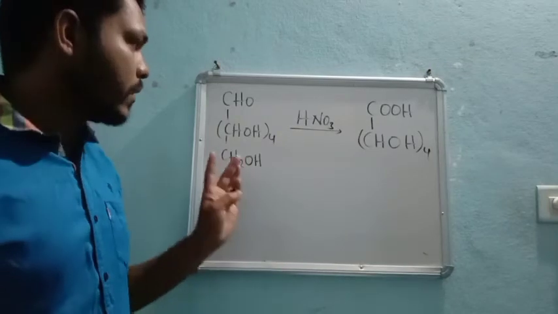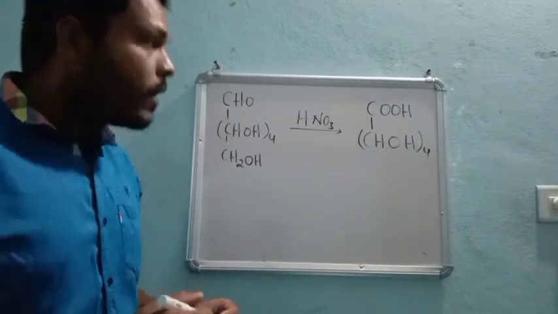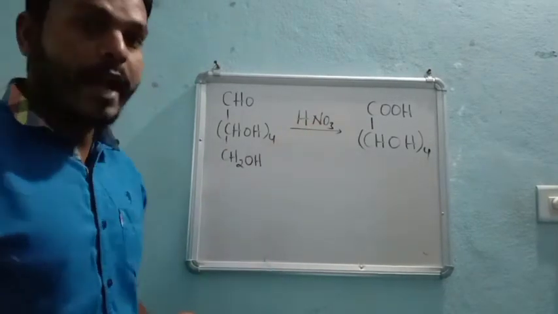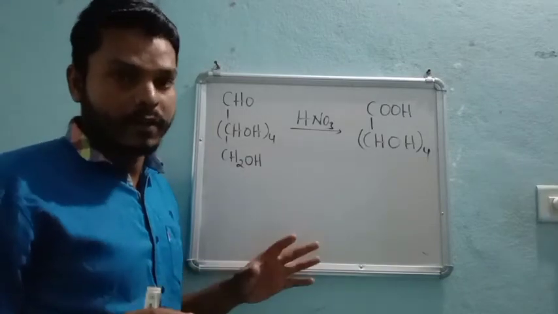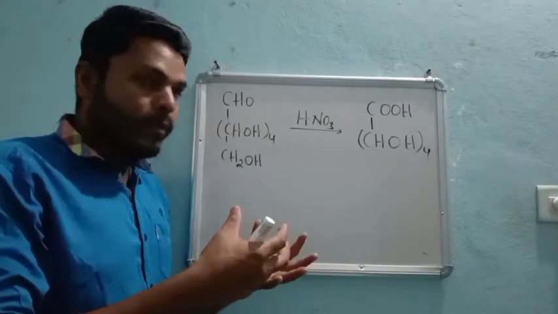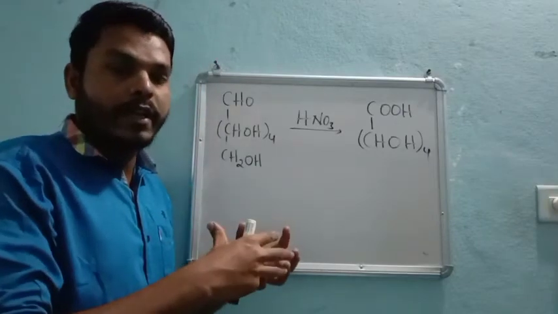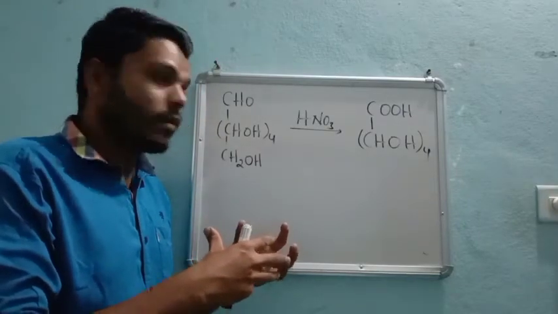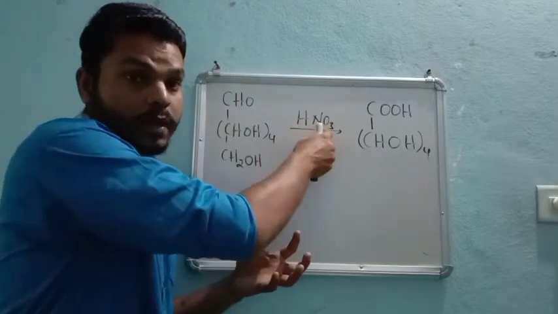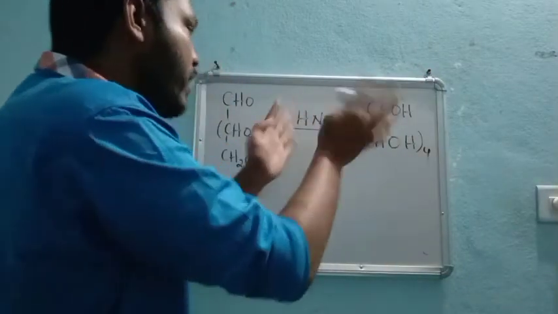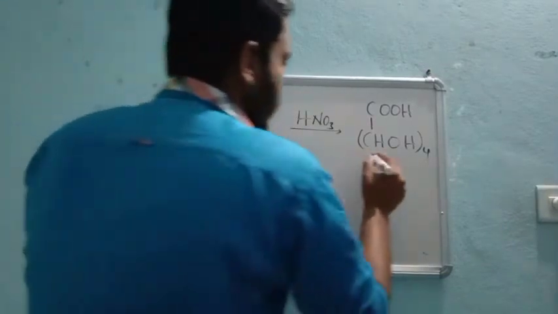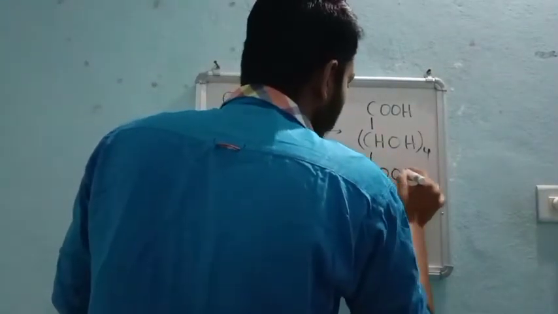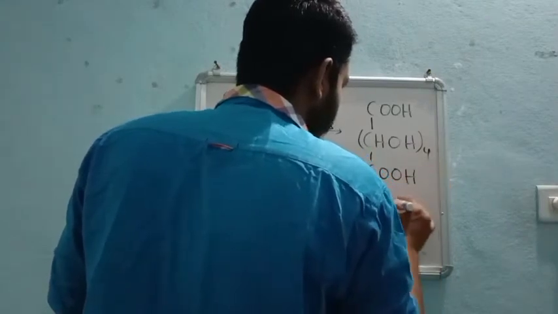One more thing: nitric acid reacts with those OH groups which are not sterically hindered. That means if the molecule is compactly arranged, it is very difficult to undergo the reaction. Only where there is freeness can we see the oxidation. So here, when we get COOH, this is our saccharic acid.